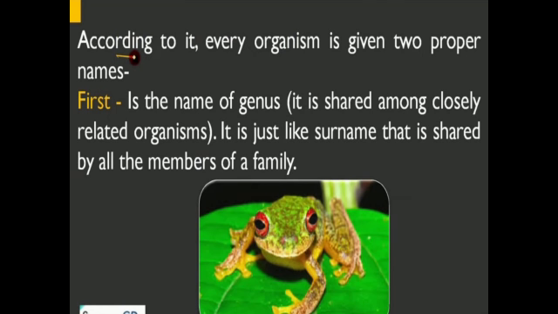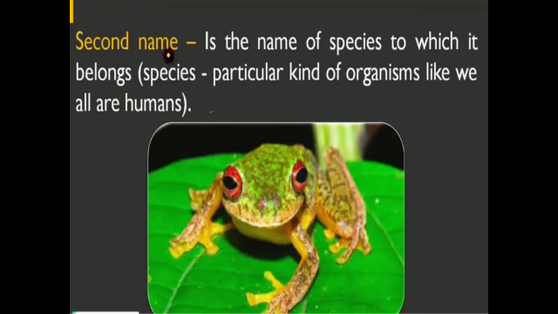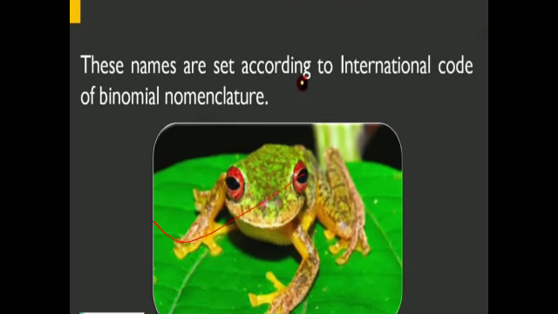All the organisms among this group are given the genus Rana. Then the species: if we want to give the name of this particular frog, we term it tigrina. That is Rana tigrina. So the genus is Rana, the species is tigrina.